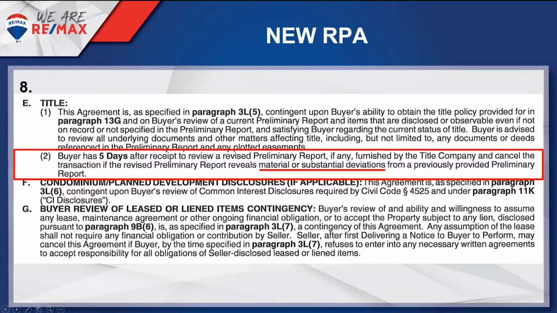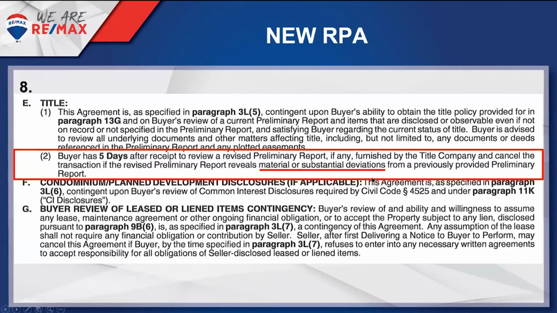Okay, buyer has 5 days after receipt of a revised preliminary report to approve it or cancel if it contains substantial or material deviations from the original report. So CAR uses the example that if they misspelled the seller's name and they issue a revised report, and the buyer's already removed their title contingency, it's not going to be reinstated because the seller's name was misspelled.